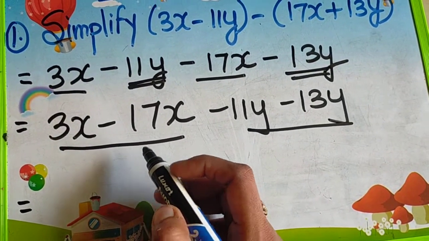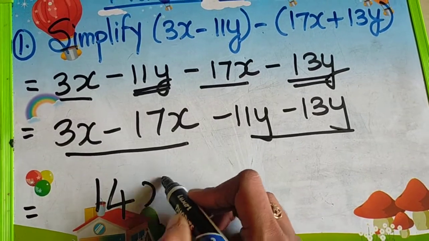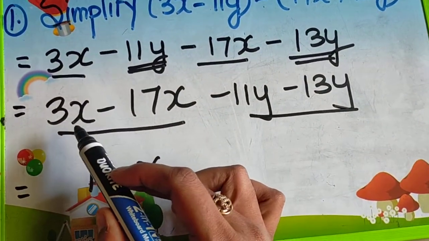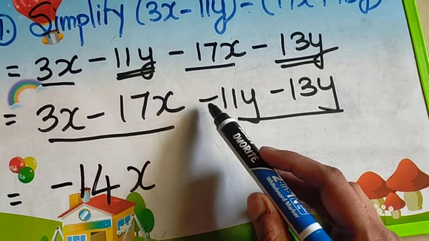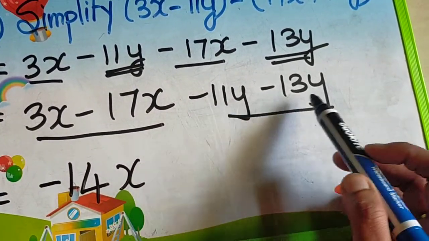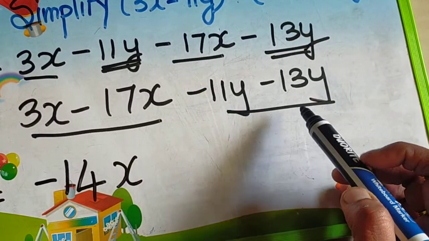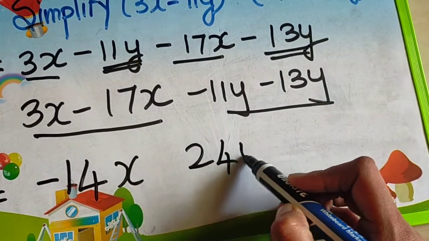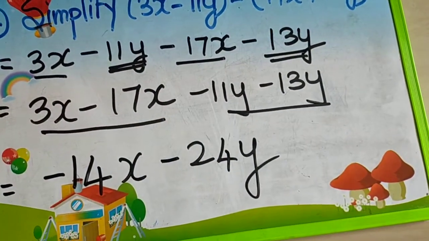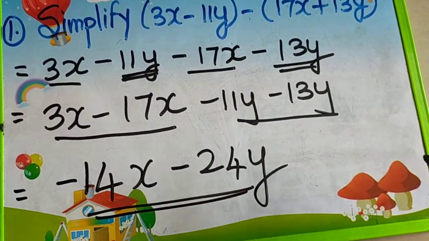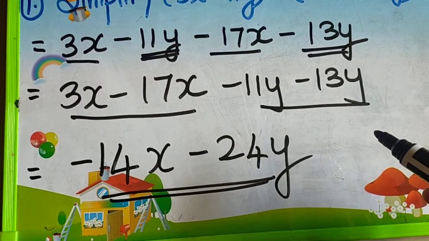That will give us 14x, but since we are subtracting a smaller number from a greater number, we will put a minus sign. Then minus and minus will be plus, so we have to add these two. So 11 plus 13 will give us 24y, but what sign will you put here? Greater number sign, that is minus. So our answer is minus 14x minus 24y.